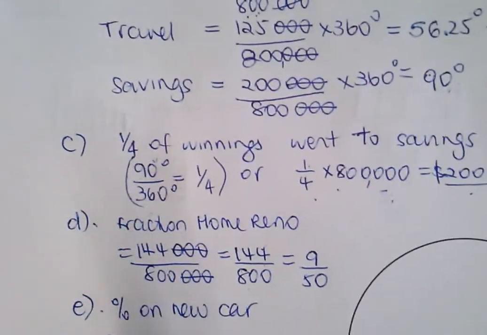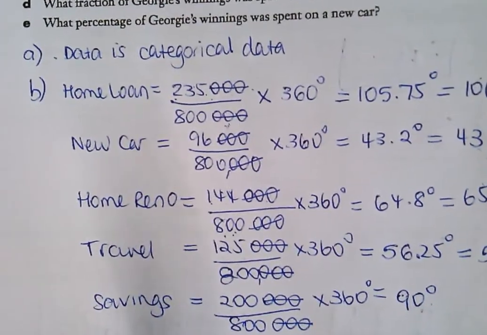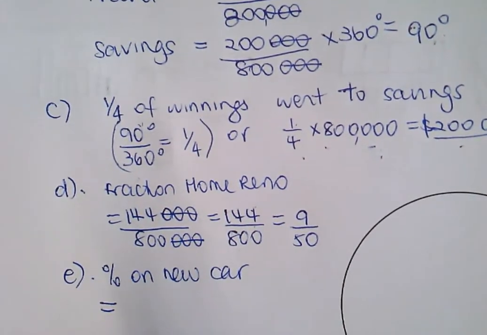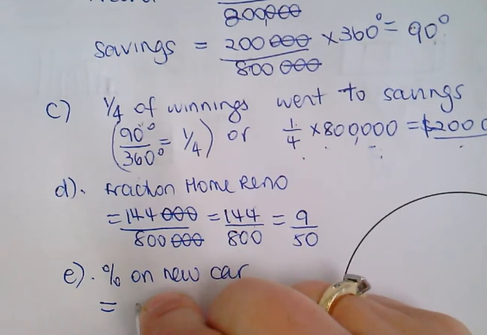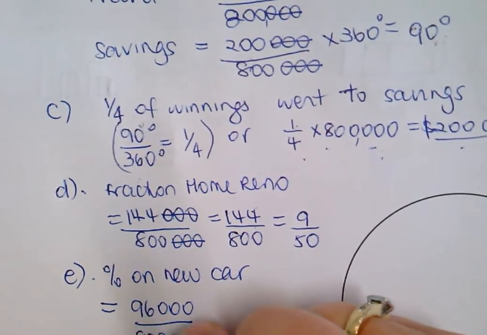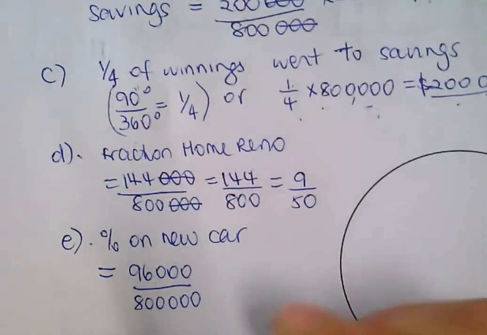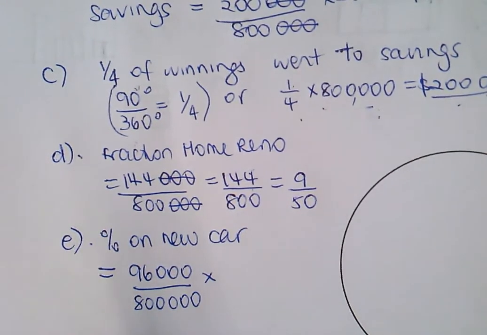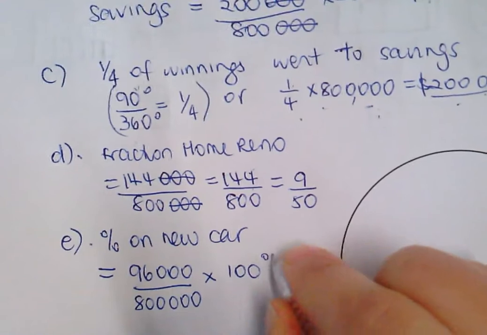All right. And the last one, part E, what percentage of Georgie's winnings were spent on a new car? Well, whenever you do percentages, you need the fraction first. So let's do the fraction that was spent on the new car. So it's 96,000 out of the 800,000. To calculate that as a percentage, percentages are out of 100, so you'll be timesing that by 100.